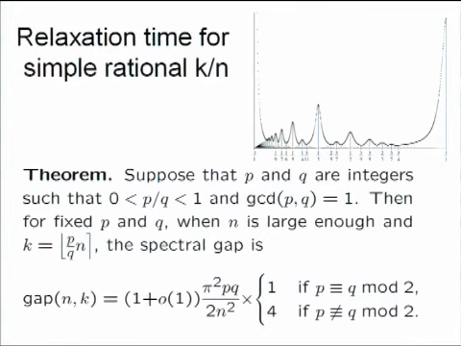We show that if you're focusing on the rational p over q, the height of that bump is the reciprocal of this thing, which would be 2n squared over pi squared pq, and then there's this funny factor of either 1 or 4, depending on whether or not p and q are congruent mod 2.